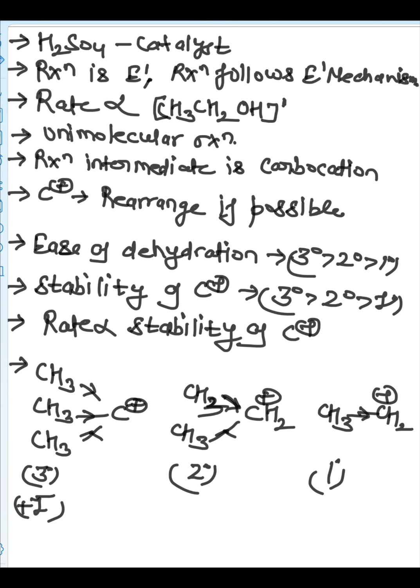So it is an electron deficient species. If it is getting electrons from any other species, its stability is increased. 3 degree is more stable than 2 degree than 1 degree. That's how you can explain why the ease of dehydration is directly proportional to the degree of alcohol.